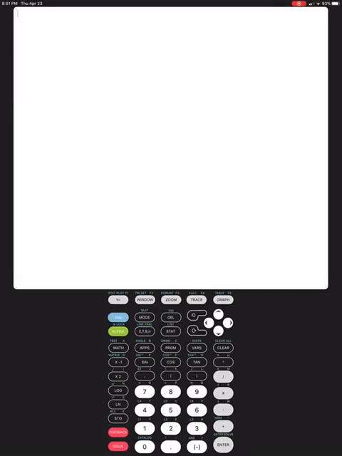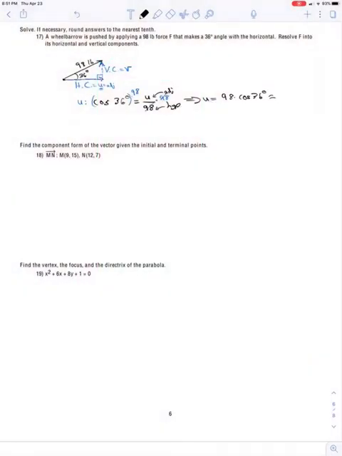Let's type that in. So 98 times the cosine of 36 is equal to 79.3, or 79 pounds. So there's our horizontal component.